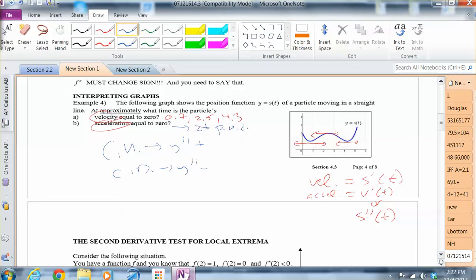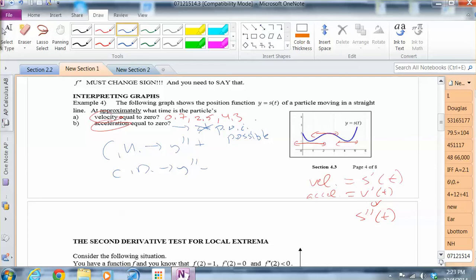Let me rephrase that. When we have a second derivative that's 0, it's possible to have a point of inflection there. But definitely if you have a point of inflection, your acceleration could be 0 in this case.